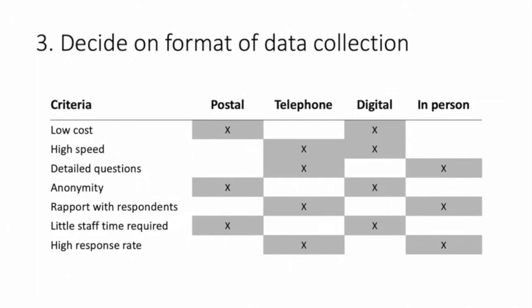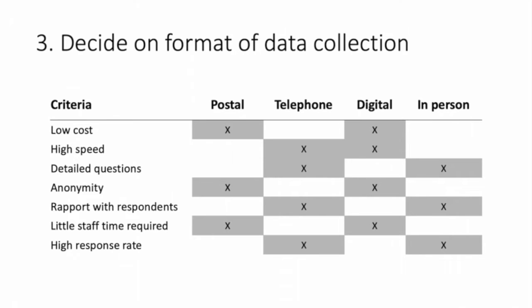So when it comes to the format of your data collection, we've talked about postal, telephone, digital, or in-person surveys. And this table shows some of the criteria or comparison metrics that you can have between the 4 types of questionnaires.